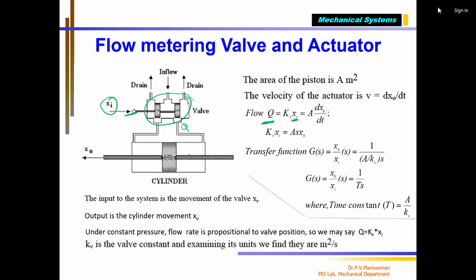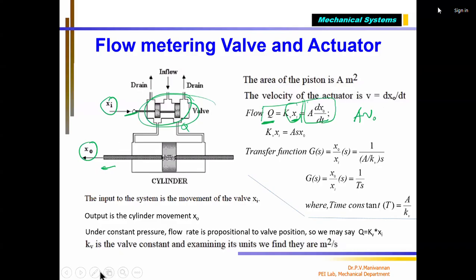So this part talks about the model of this. And then if I vary this, automatically x naught varies. That is what is talked about here: d by dt of x naught is nothing but A into v naught, where v naught is the velocity of the piston, the power cylinder piston connected to this.